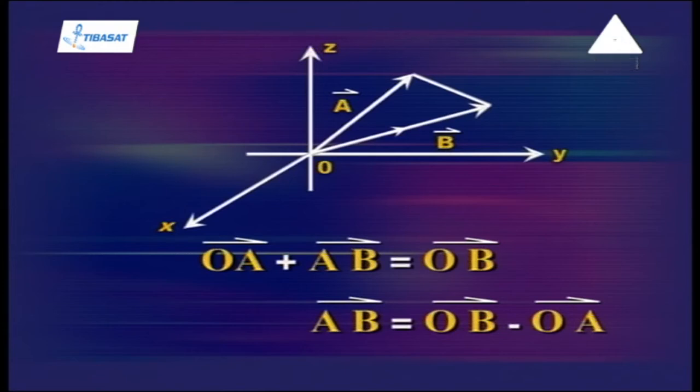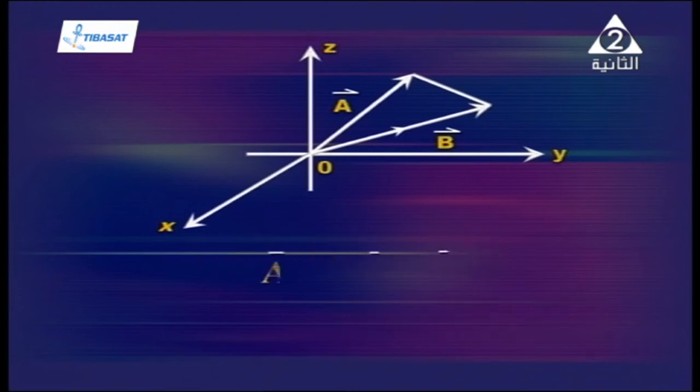In the opposite figure, OA plus AB equals OB. Also, if we subtract, OB minus OA equals the AB vector. So the AB vector equals the B vector minus the A vector.